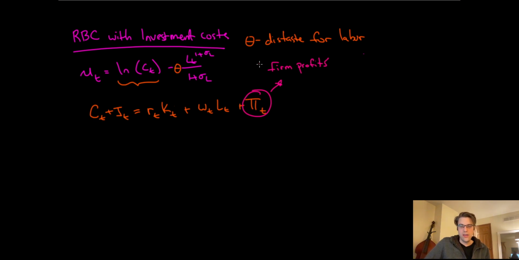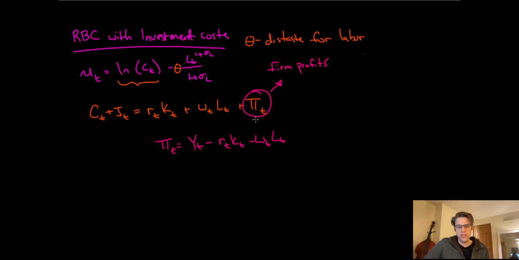And in fact, this term allows you to get to y equals c plus I, the whole resource constraint for the entire economy, without ever writing down y equals c plus I. You can see that if you were to plug in the equation for profits, that profits are equal to the amount produced, Y_t, minus the total costs, which is going to be R_t K_t minus W_t L_t.